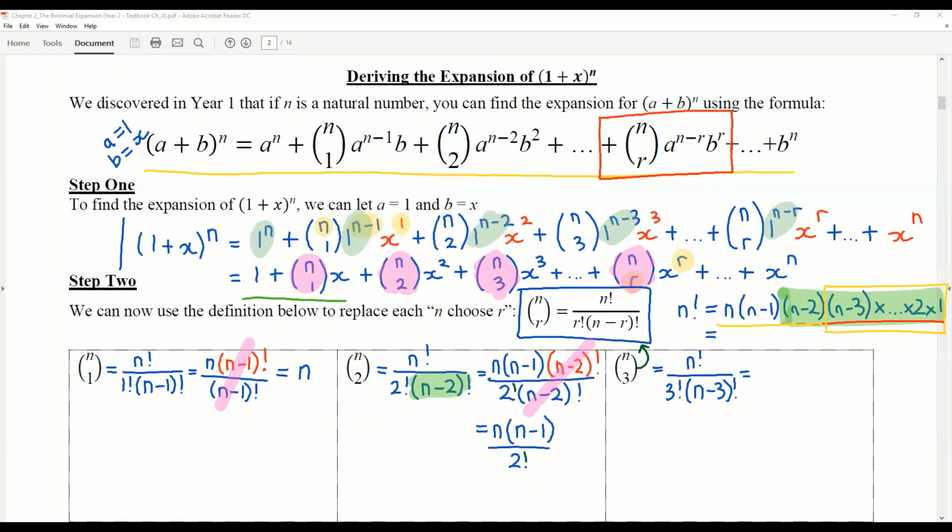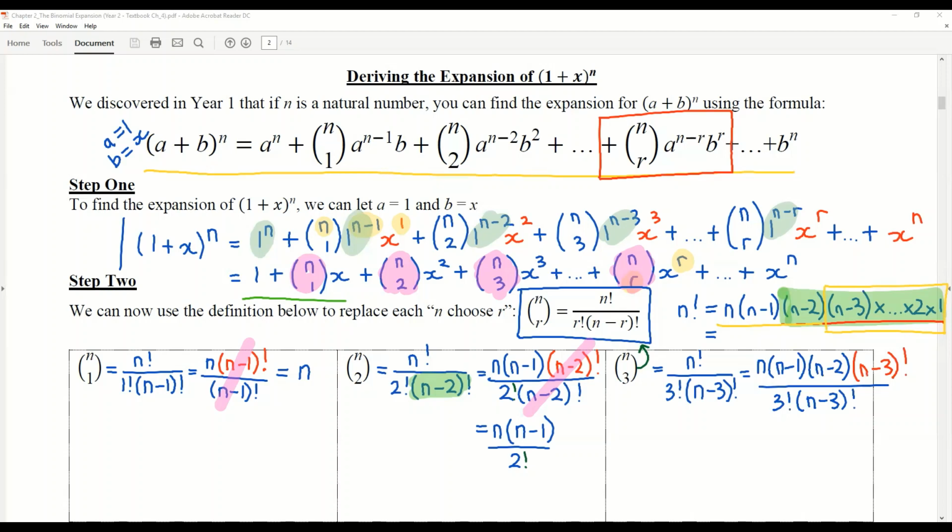So n factorial is, of course, n, n minus 1, n minus 2, and then on the end is n subtract 3 factorial. And that's all over 3 factorial and n subtract 3 factorial.